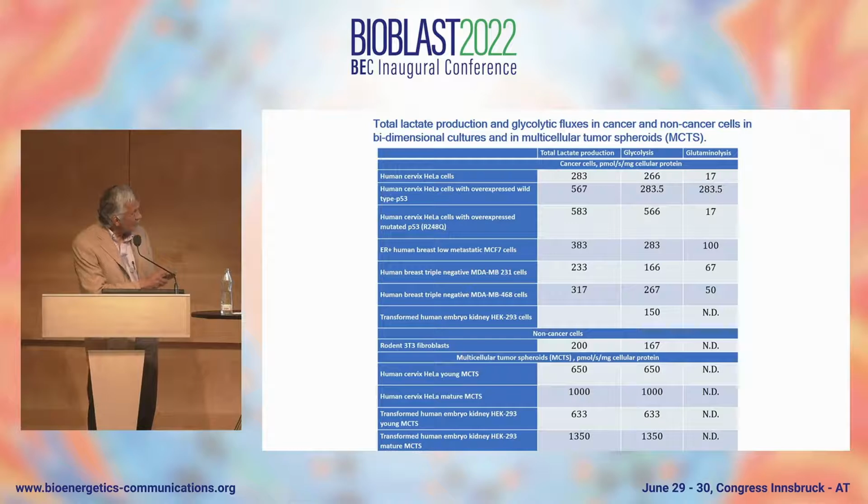In the second column, we correct for glycolysis by using 2-deoxyglucose, a glucose analog, which inhibits glucose transporters, hexokinase, and hexose phosphate isomerase. Let's not forget that. It's not a specific inhibitor, it inhibits several enzymes, but blocks the upper part of glycolysis. You have to correct for that.